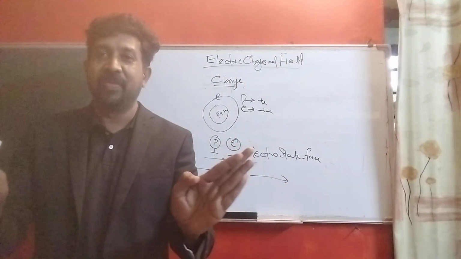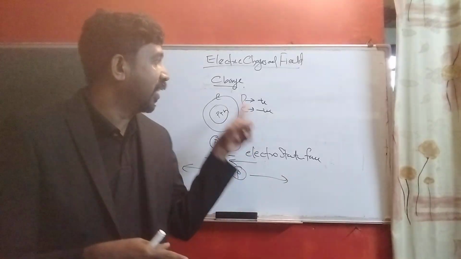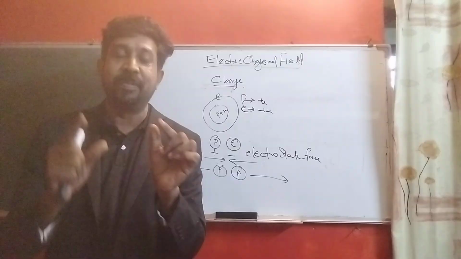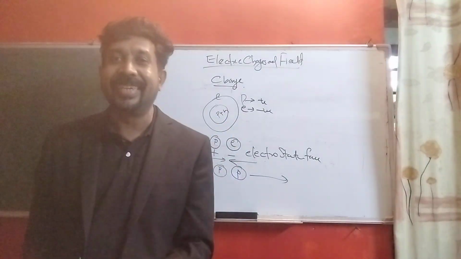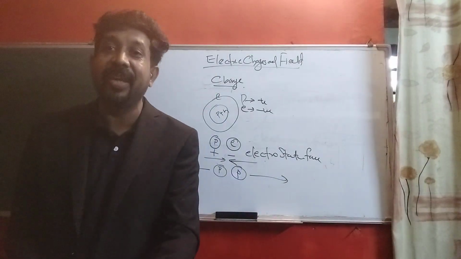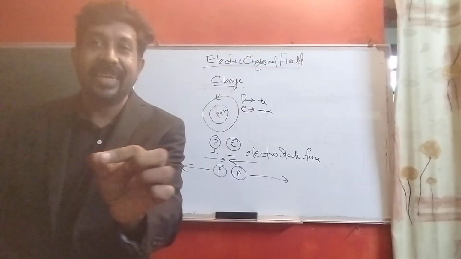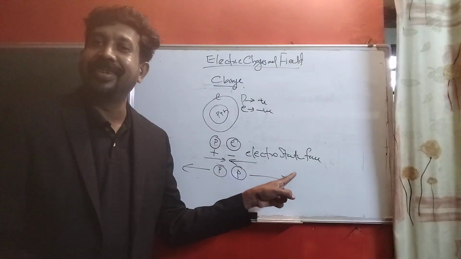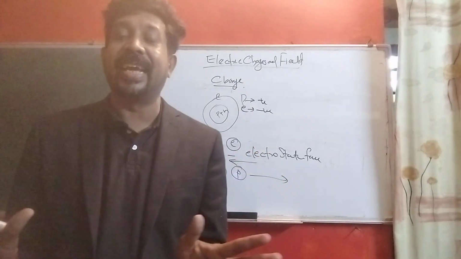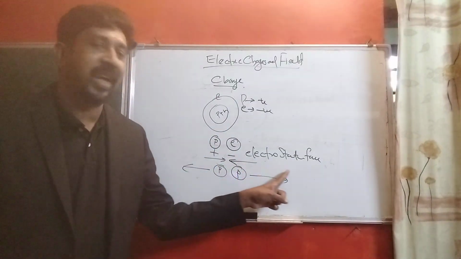Therefore, I will complete my definition of electric charge. First, I simply say electric charge is a property of matter. Which type of property? That electric charge gives electrostatic force. Therefore, electric charge is a property of matter which gives rise to electrostatic force.